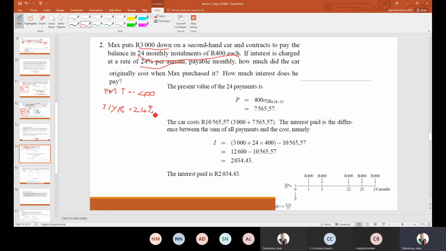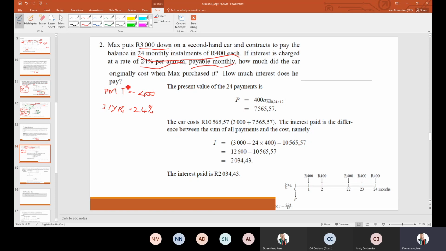So your interest rate is 24%. It is payable monthly, so it is 12 times per year. Because it was for 24 months, it is basically 2 years, so that you can get to those 24 periods.